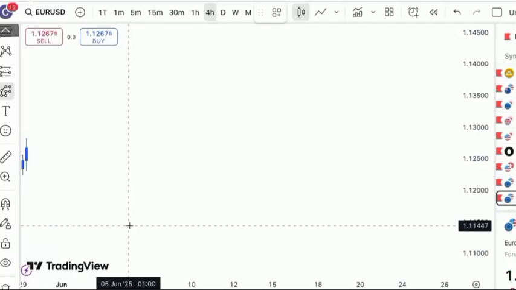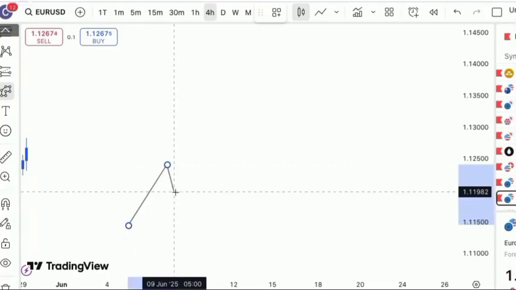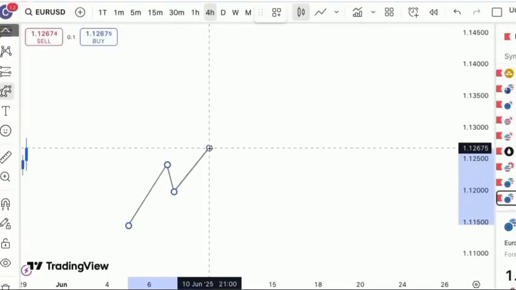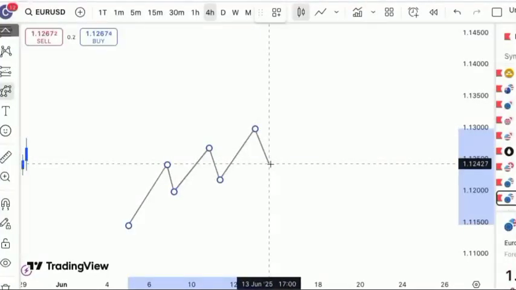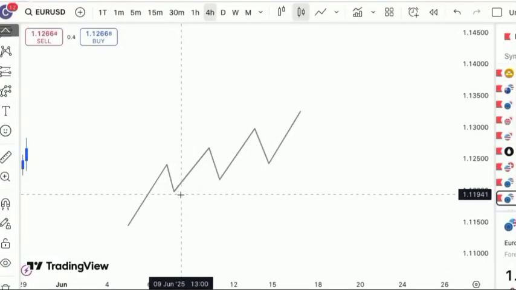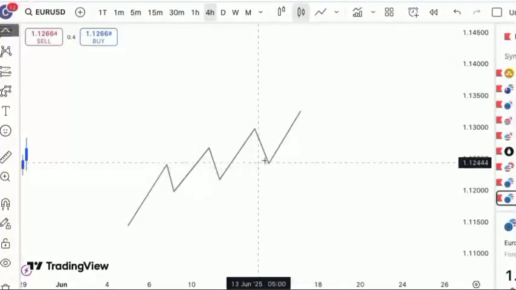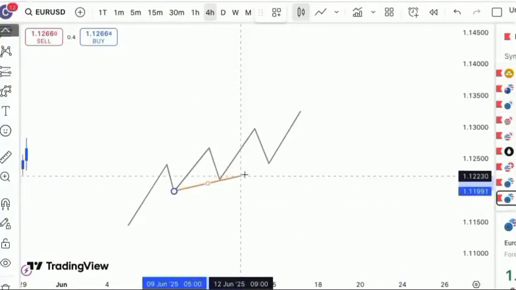Let's begin. This is higher high, higher low, higher high, higher low, higher high, higher low, higher high. Okay, so let's assume this is how the market is going. Now what you will do is come and put a line from here.